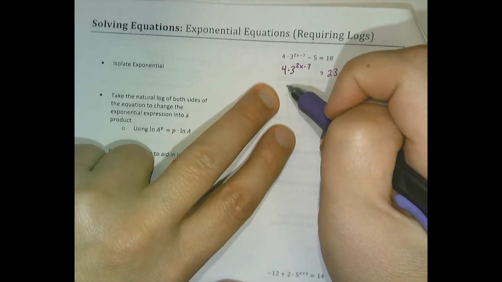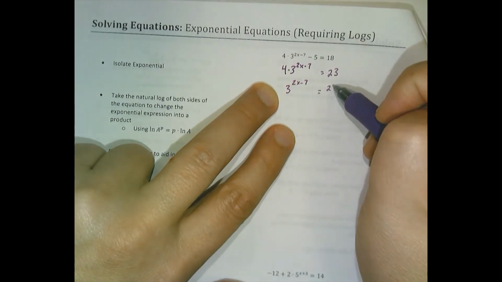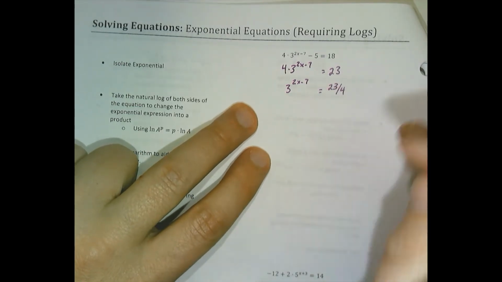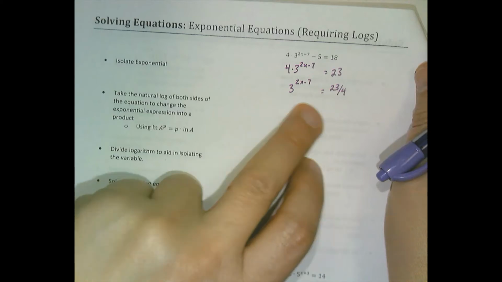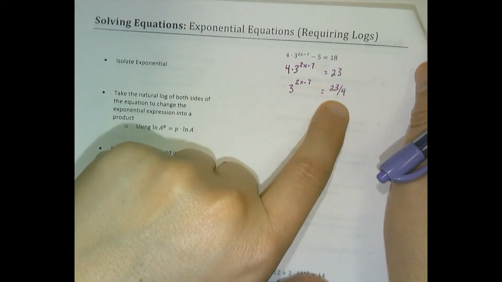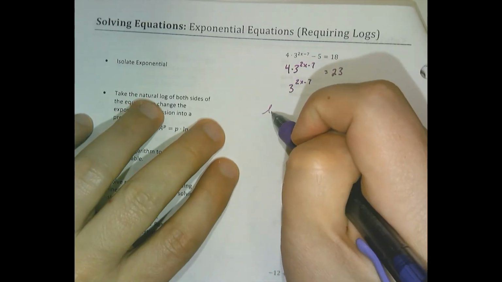And then if I divide both sides by 4, I get 23 over 4. At this point, we've reduced it to where we can take the log of both sides. We have an exponential by itself on the left and a number by itself on the right. So let's take the log of both sides.